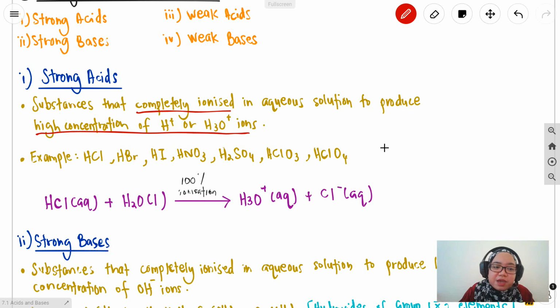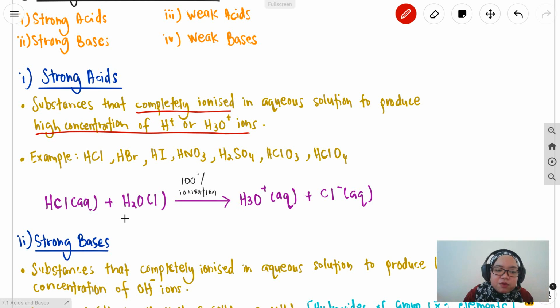For example, here we have HCl, HBr, HI, HNO3, H2SO4, HClO3, and HClO4. All these are some examples of strong acids. If we write the chemical equation for the dissociation of a strong acid, we have to use a full-headed arrow because this indicates the 100% ionization of the strong acid.